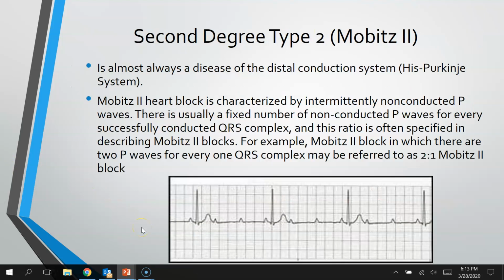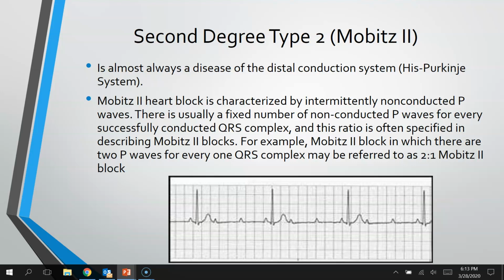Second-degree type 2 is Mobitz 2, and this is usually a disease of the bundle of His and the Purkinje fibers, or it's also called the distal conduction system. Mobitz 2 is the intermittent non-conducted P wave.